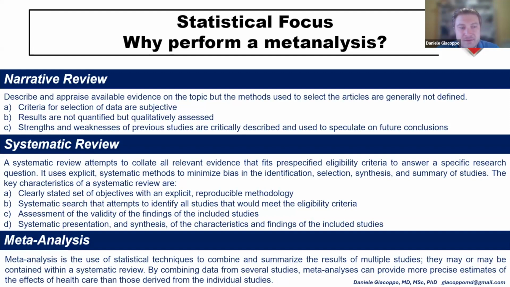In this case, you generally also have a meta-analysis. It's very difficult to see a meta-analysis without a systematic review, unless it is not performed according to the PRISMA recommendations. The meta-analysis is the final step.